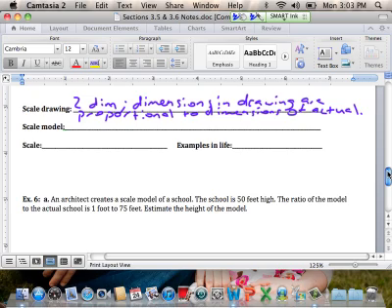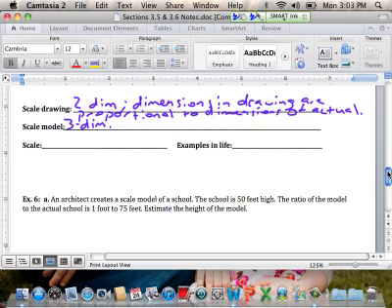So the scale might be something like 1 inch is 1 mile if you're talking about a map. A scale model is a 3-dimensional model of an object in which the dimensions are in proportion. So a scale drawing is 2-dimensional, a scale model is the same thing, but 3 dimensions.